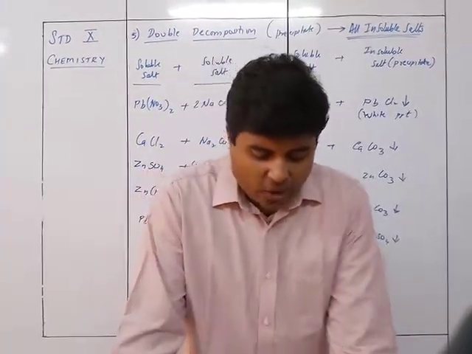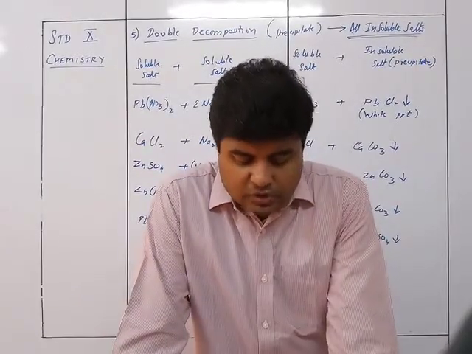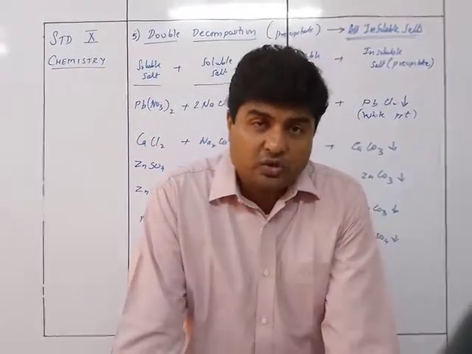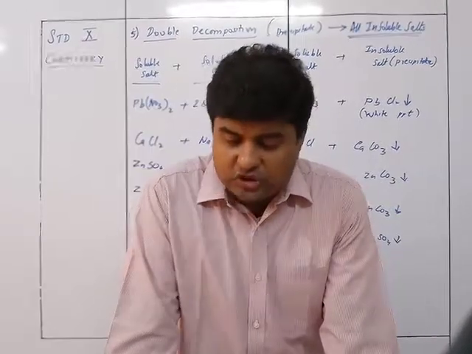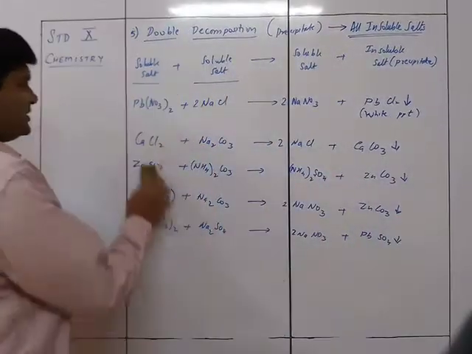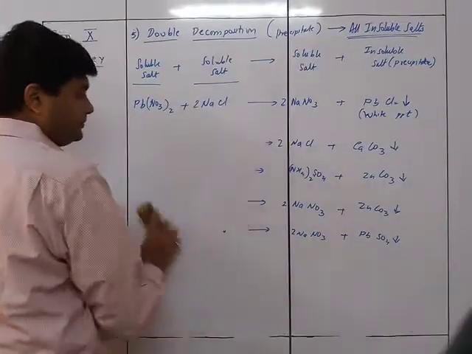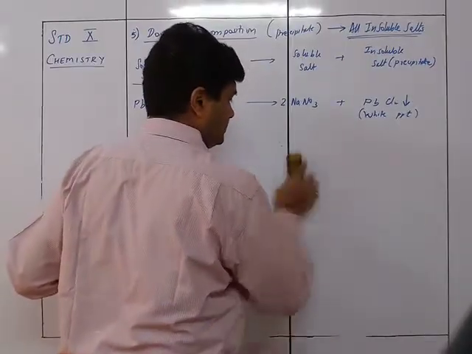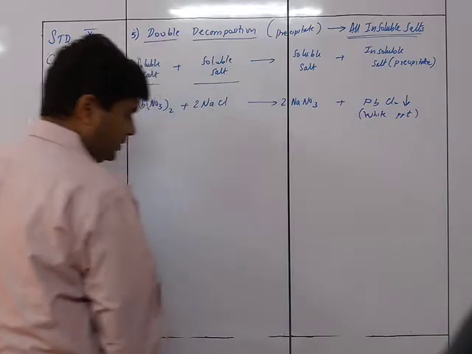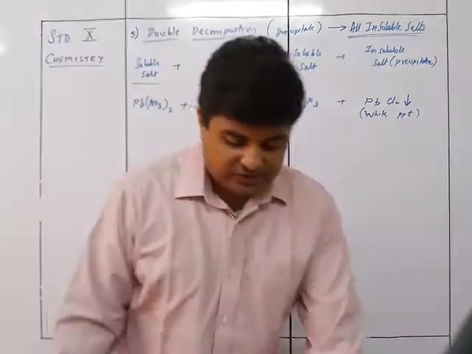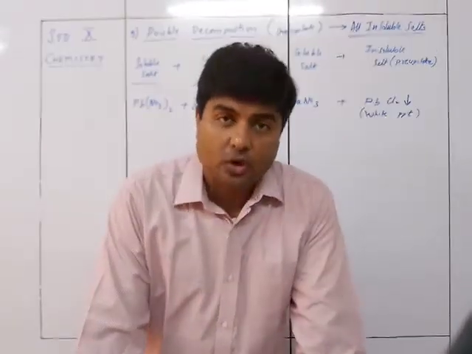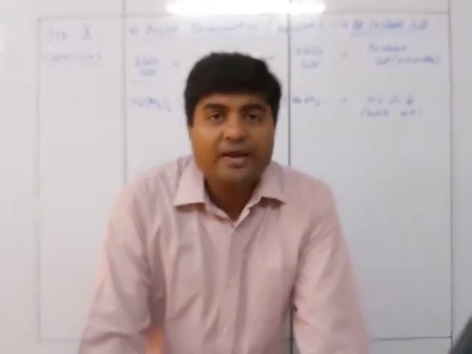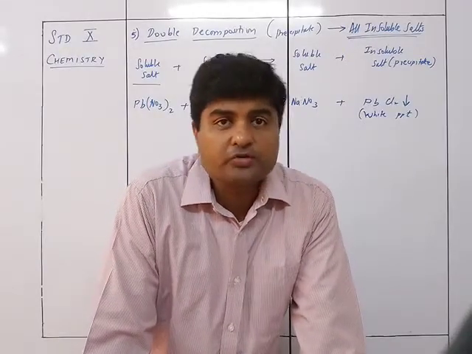Apart from this, you can also prepare an insoluble salt from another insoluble salt. If I want to prepare an insoluble salt from an insoluble salt, then first of all I will have to convert that insoluble salt into a soluble one.